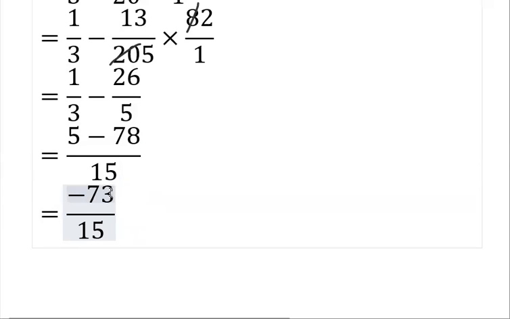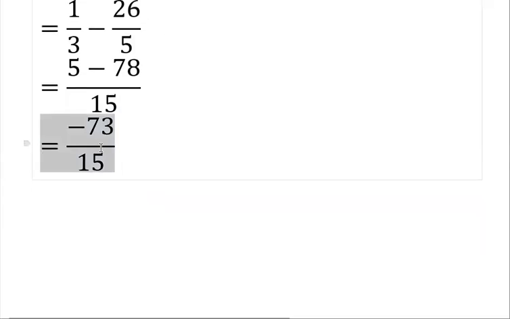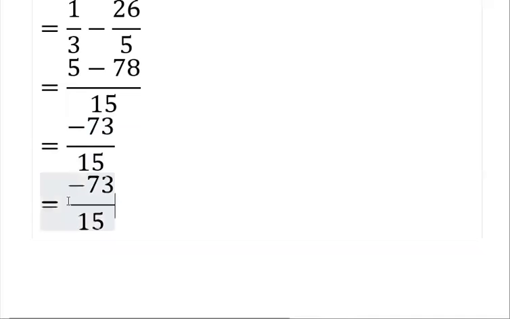So this is, you can still leave your answer this way. Put our negative sign here and remove it here, still the same thing.